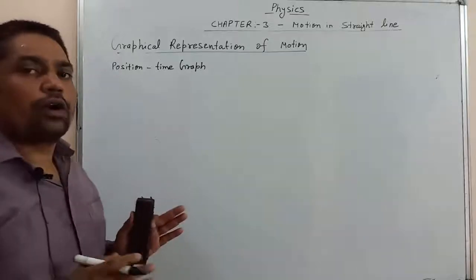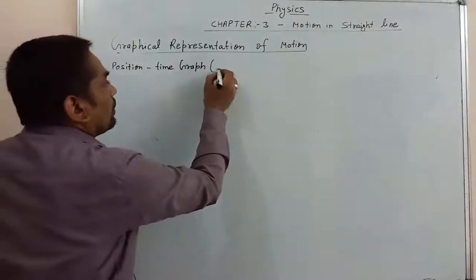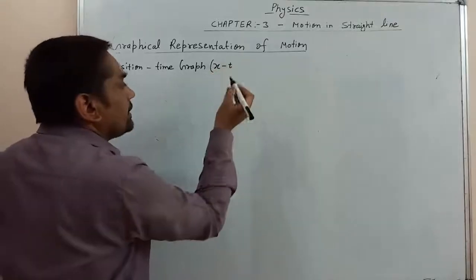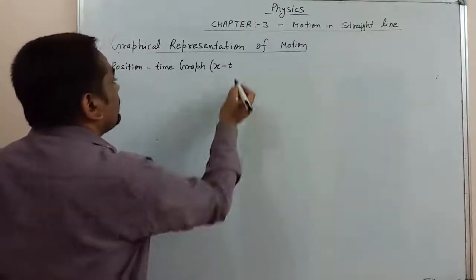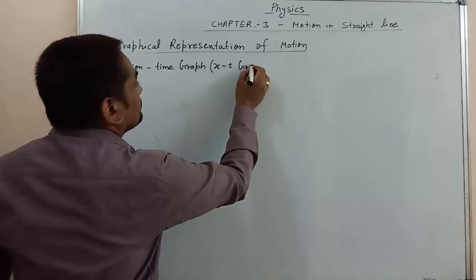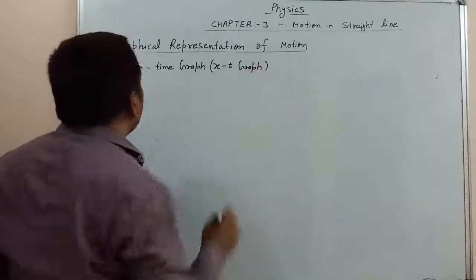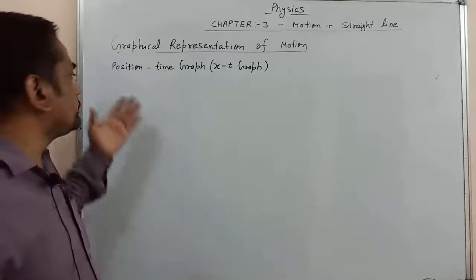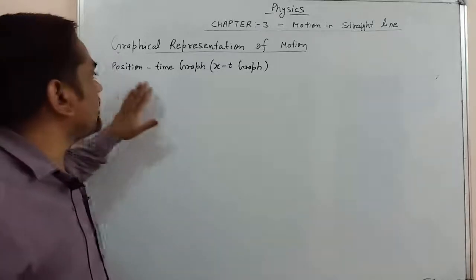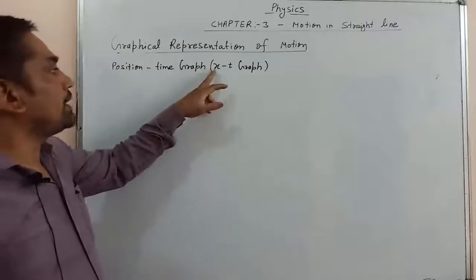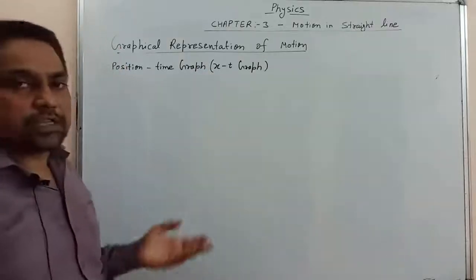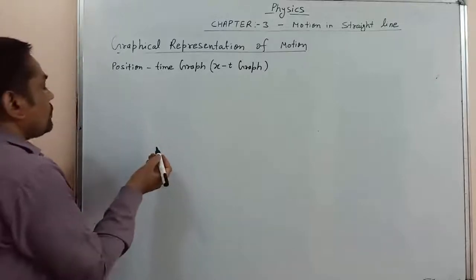Position time graph or displacement time graph, because we represent displacement by x and time by t, so it is also called xt graph. The another name of position time graph is xt graph. So from the name it is clear, then we take time on one axis and displacement on another axis.